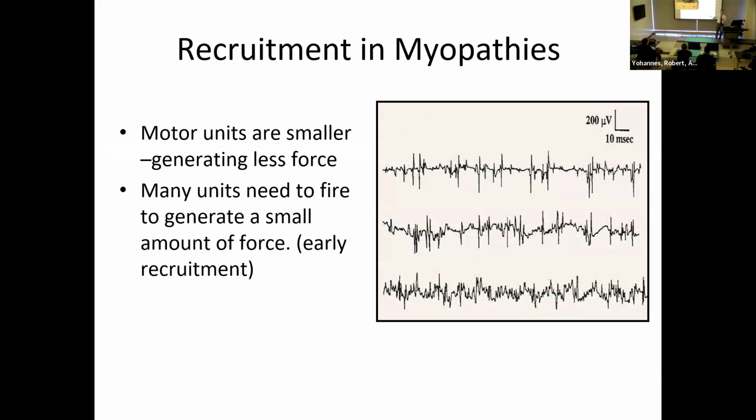We need to recruit many of them very early on for minimal force. Okay? So that's early recruitment. So this is not the reduced recruitment that we had in the neurogenic process. We have early recruitment, and very quickly we have these small units take away the baseline.